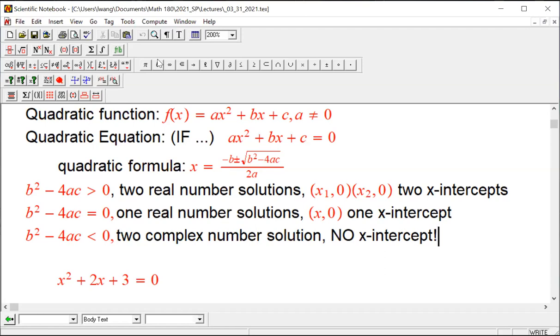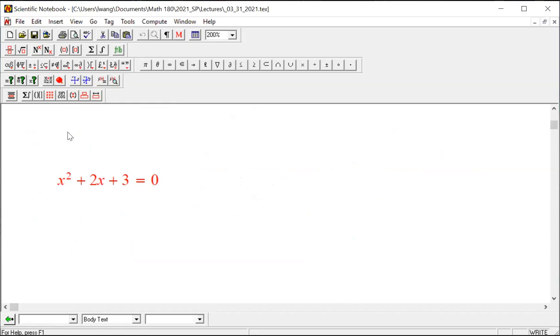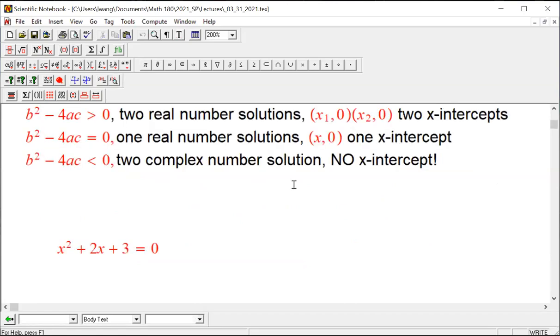Okay, so when you work with that quadratic formula, what happens? You have three cases. And now with this particular function here, we have a equals 1, b equals 2, c equals 3.